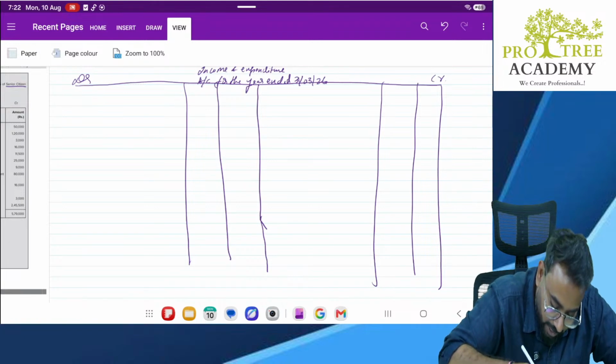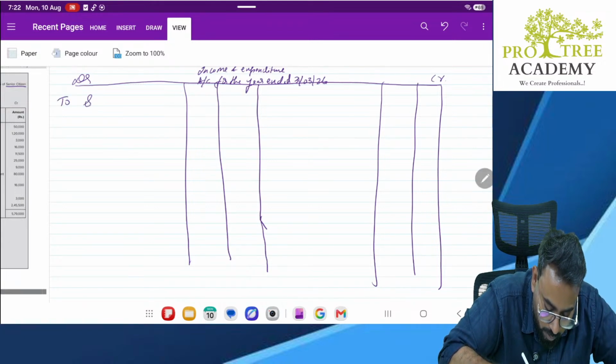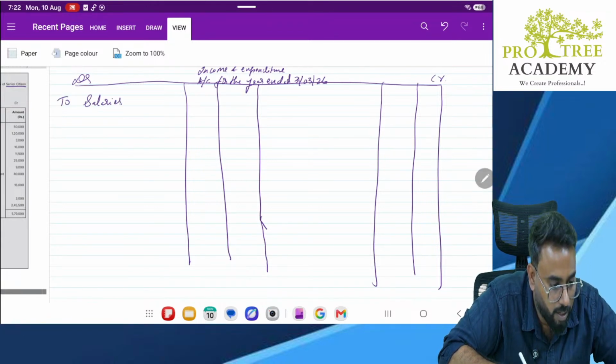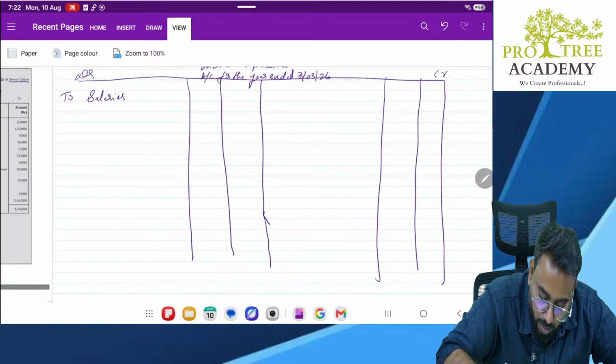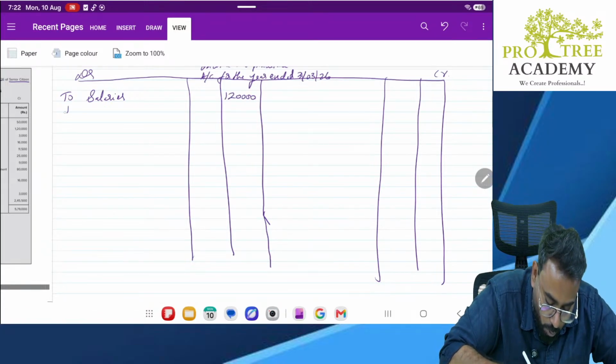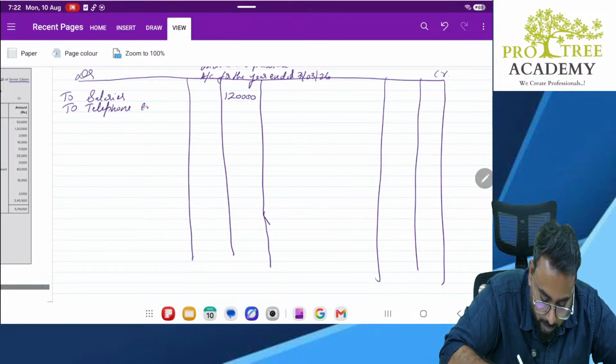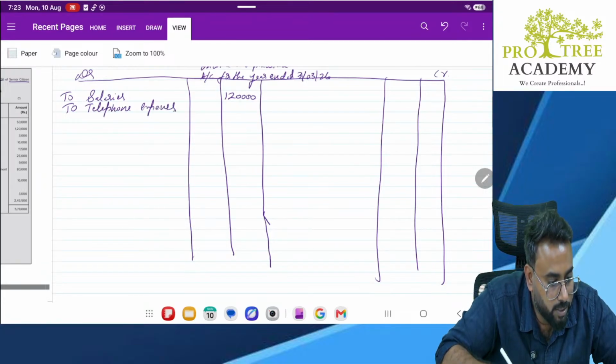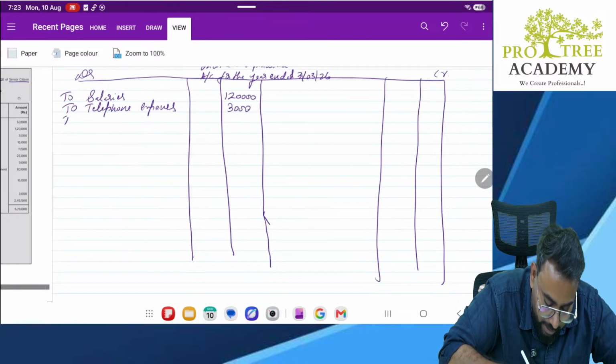Salaries, yes sir, it is an expense. How much? 1,20,000. Okay, good. Telephone expenses. How much? 3,000. Yes, very good. Electricity charges.